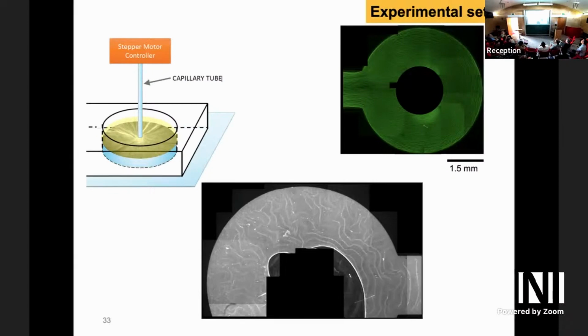And these instabilities, which in our case are 3D, more or less, far away from this geometrical transition, still emerge perpendicular to the wall of the confinement.